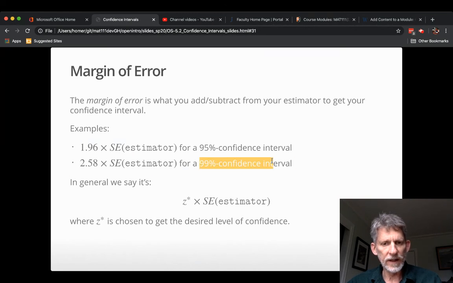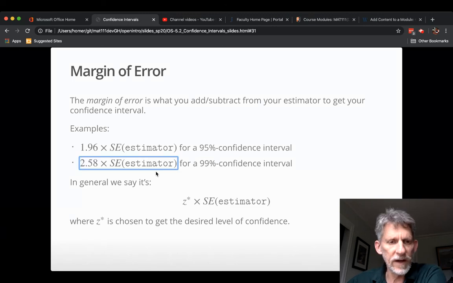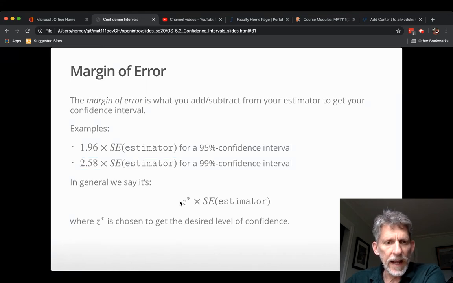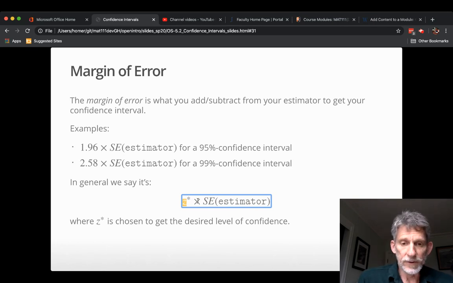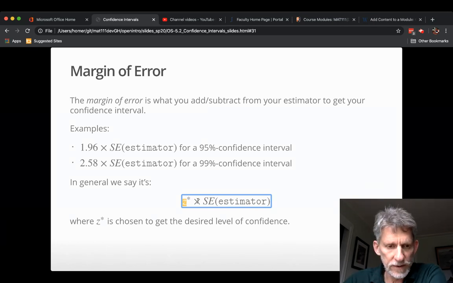But if we wanted a 99% confidence interval, we were adding and subtracting 2.58 times the standard error of the p-hat. In general, what you're going to add or subtract, your margin of error, is going to be a special number z star times the standard error of the estimator that you're using, the p-hat or whatever. And that z star is always chosen to get the desired level of confidence for your interval.